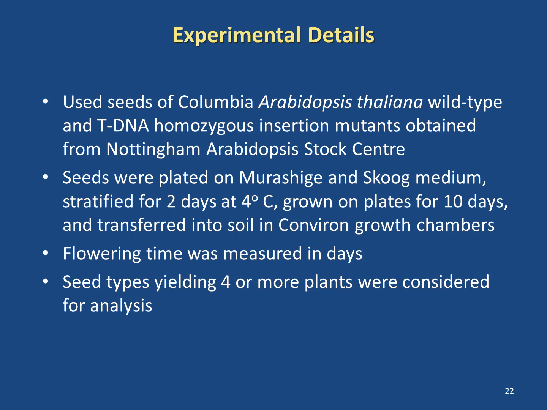The seeds were plated under standard conditions and grown for 10 days and transferred to soil. And then they observed flowering time that was measured in days. And the seeds that yielded 4 or more plants were considered for further analysis. They wanted to look at the mean flowering time, so they wanted to have a reasonable sample.